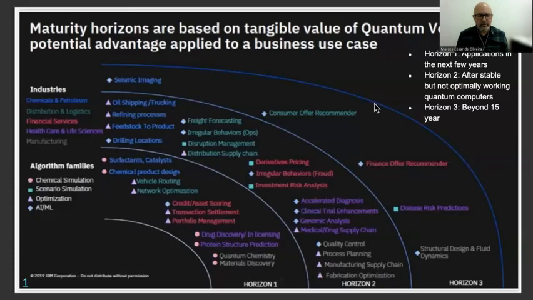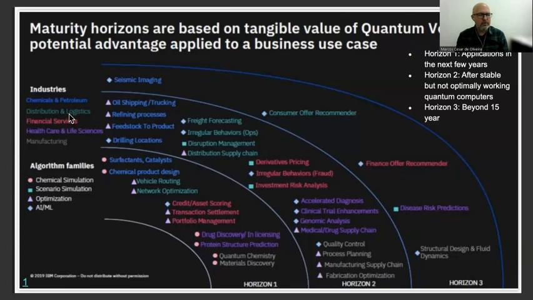Anyway, I like this map because it shows, and this is from IBM, the maturity horizons and tangible values for the potential advantage of quantum computers in general. Let me show it to you better. In blue, we have the chemical and petroleum industries.